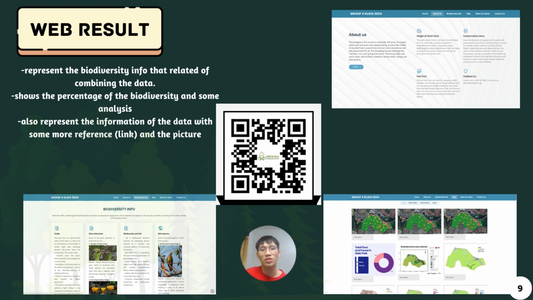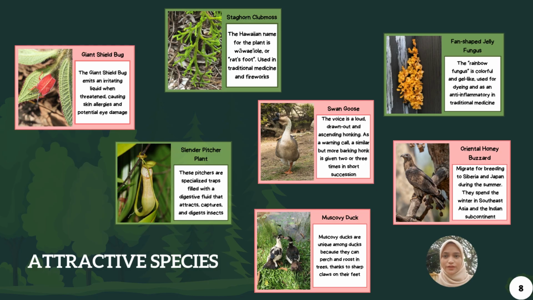In the center of the site, you can see our website QR code, and you can scan it to see our website. These are some attractive flora and fauna found in SIREH Park during site validation. Some of them were captured by our group members, such as the giant shieldbug, slender pitcher plant, and Staghorn clubmoss.